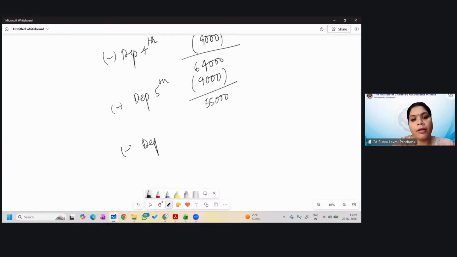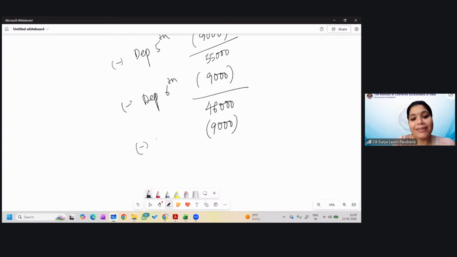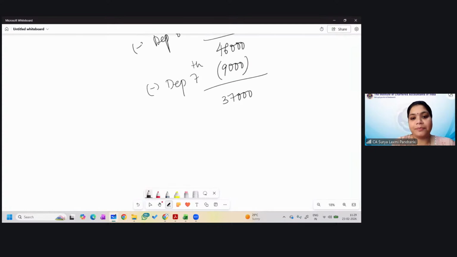Yes, and then depreciation for sixth year is again 9,000. This will be 46,000, okay. Again 9,000. Oh my god. I'm doing this so that you will not have any more confusions about the scrap value, okay. 37,000, okay. Then eighth year 9,000.